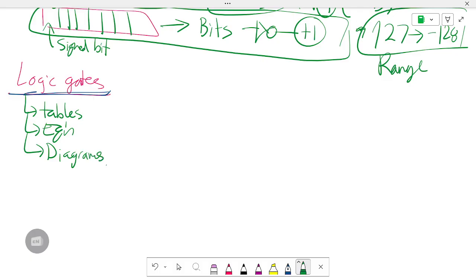Let's just quickly do it. The main ones we have are AND, OR, NOT. I'm just going to do the basic ones and then XOR. The other ones, like NAND, are just putting a NOT gate in there. So let's put the table.